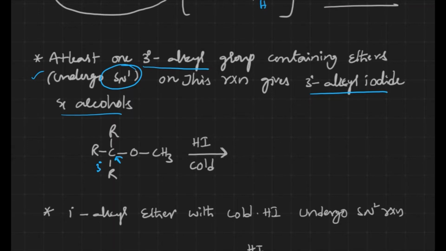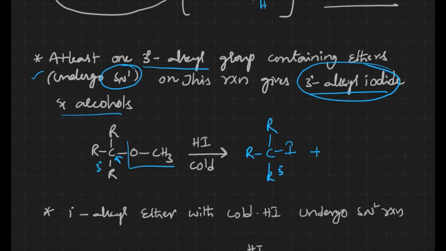The negative part of the reagent, the nucleophile, comes and attacks there, and tertiary alkyl iodide formation takes place, that is R-I. And the remaining part converts into alcohol, CH3OH. This is the first point.